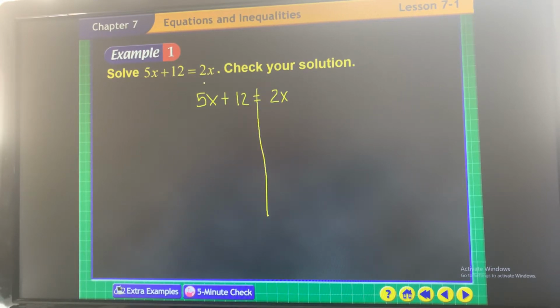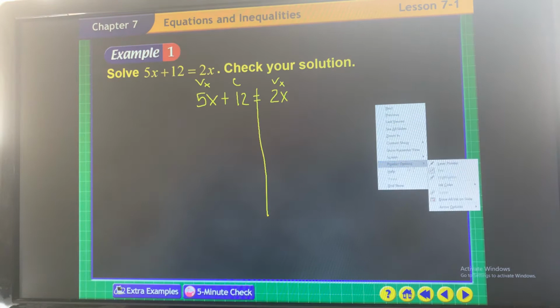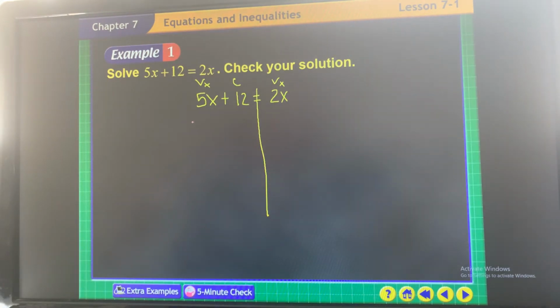So first thing I want you to notice is I need to isolate the variable. Well, the variable's all spread out. It's on the left and it's on the right. It needs to be on one side. So I have a variable x, a constant, and a variable x. It does not matter which side you put it on. But if you already have it by itself over here, then why not just move that 5x, knowing the only way you can move something is with the additive inverse.